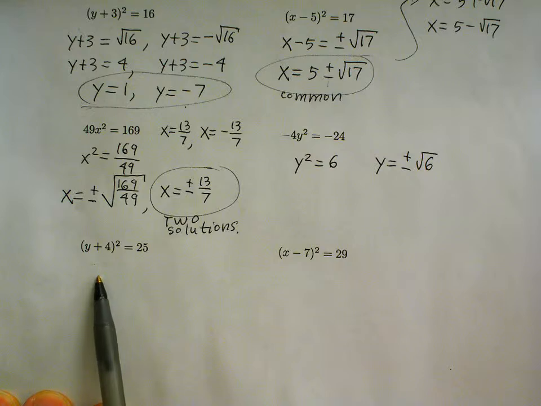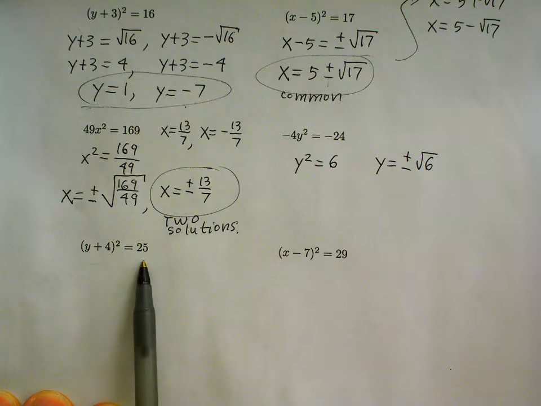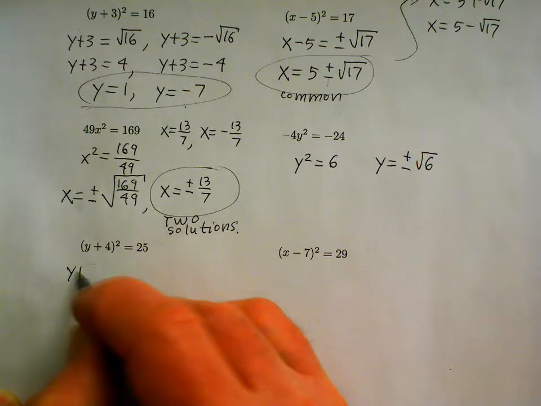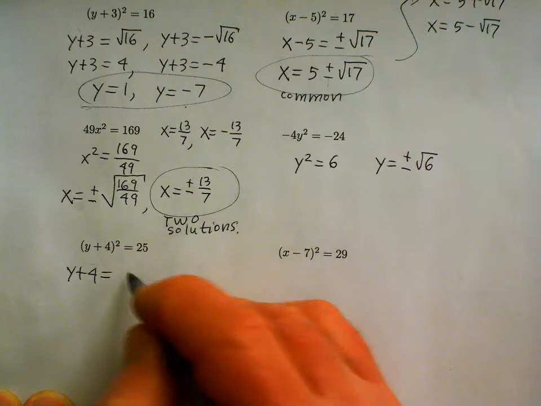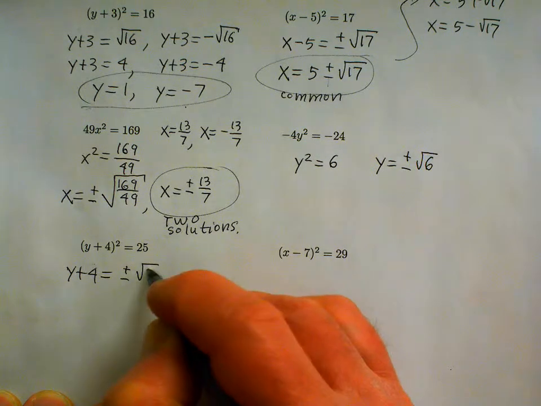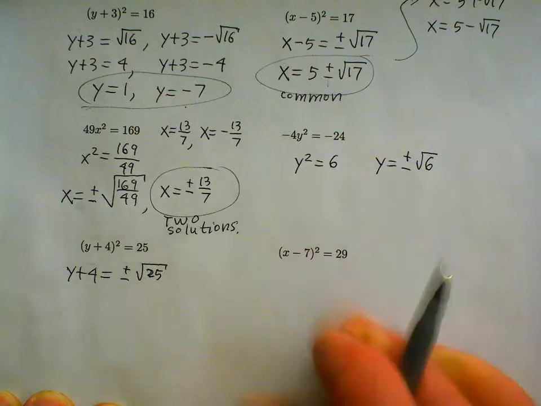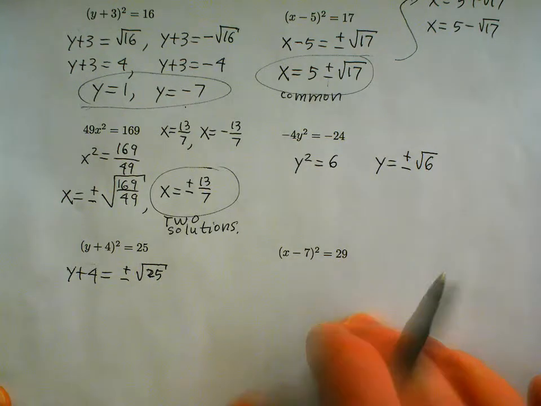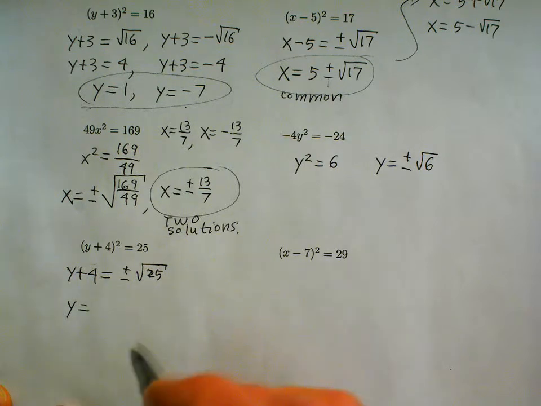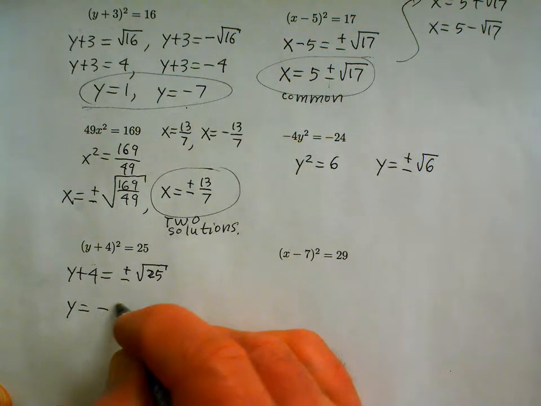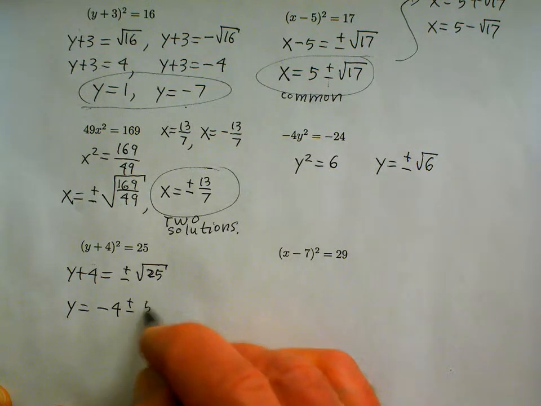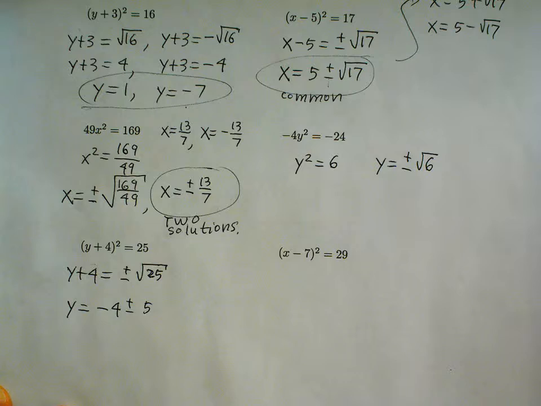If y plus 4 quantity squared equals 25, then y plus 4 equals positive and negative square root of 25. Then we subtract 4 from both sides, and we can write y equals negative 4 plus and minus 5, because the square root of 25 is 5.